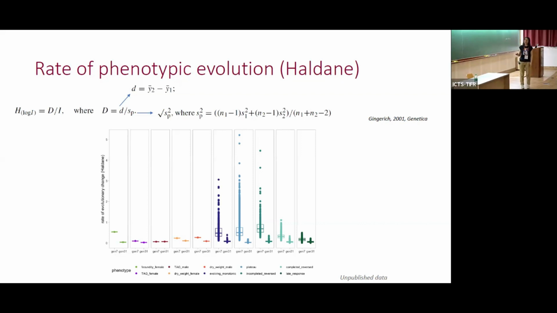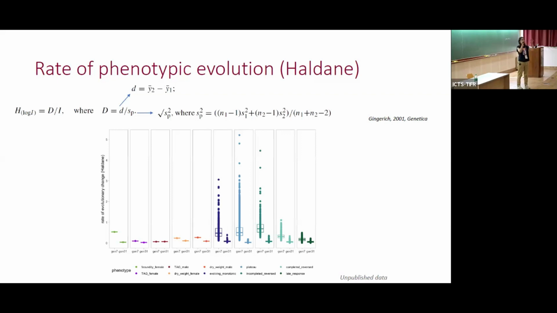And for this, to make the comparison more homogeneous across all the replicates, we decided to use Haldane as a rate of phenotypic evolution, which I think is d over sp.